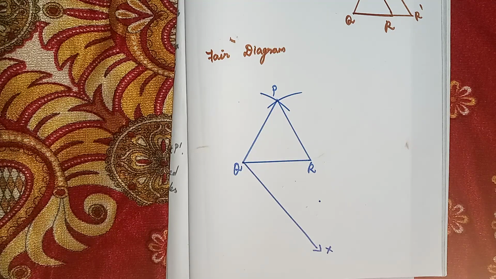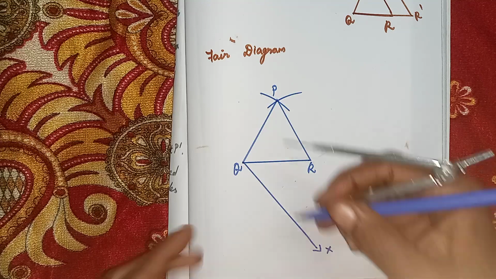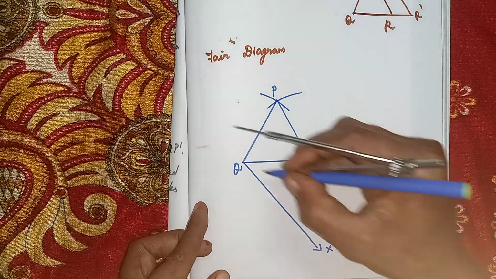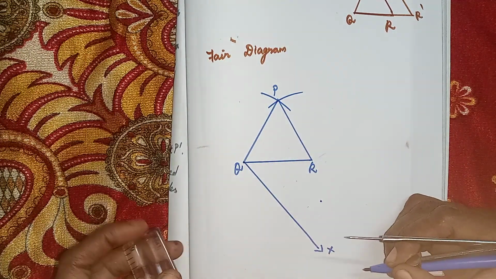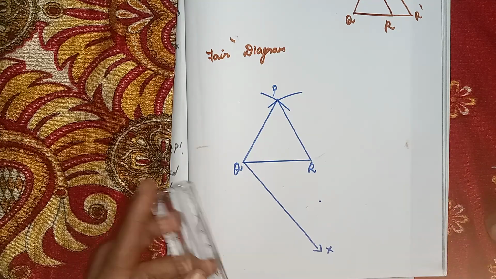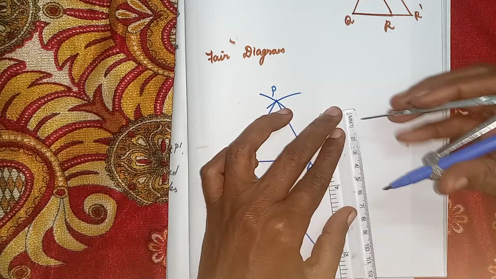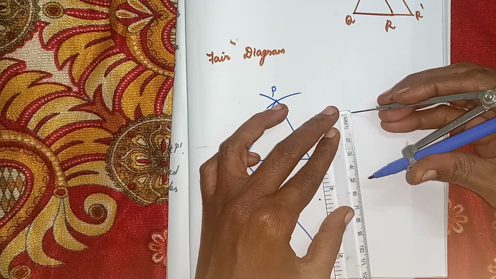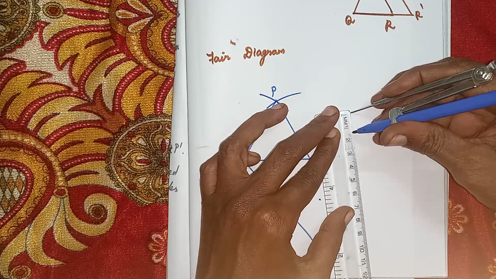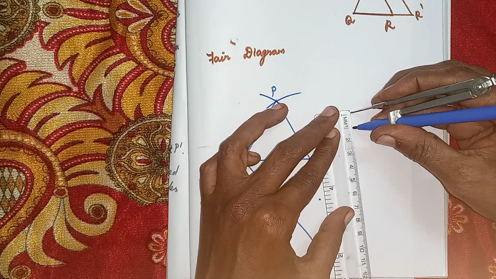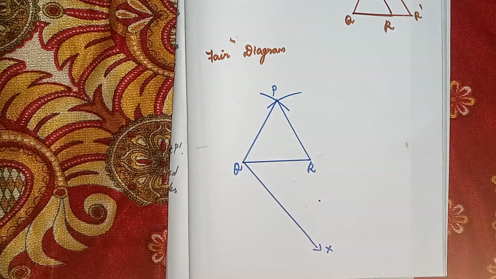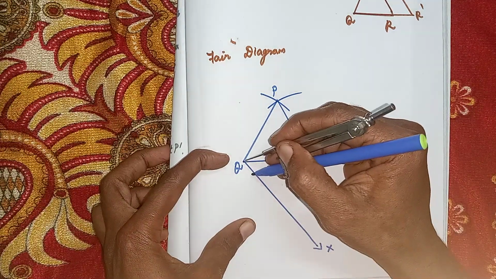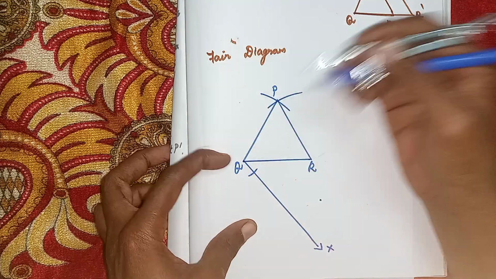Now mark 7 equal points on the ray QX. Like the previous problem, I am taking 1 centimeter. If you are not measuring also, no problem, any measurement you can take. I am taking 1 centimeter with 7 parts.